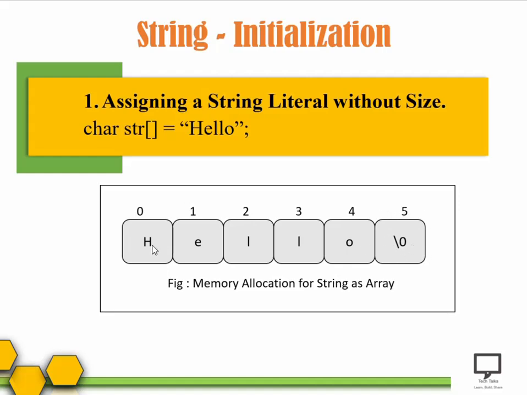So here you can see HELLO having 5 letters and the sixth letter is nothing but a null character. So the size if I declare or initialize this hello to a string variable is 6. So 6 characters will be the size of this character string, which will be holding HELLO along with the null at the end of the string.